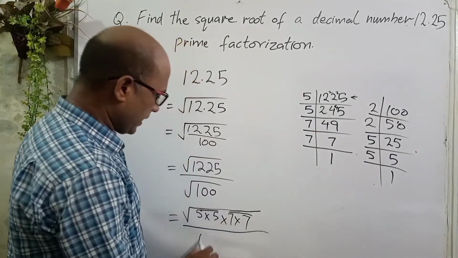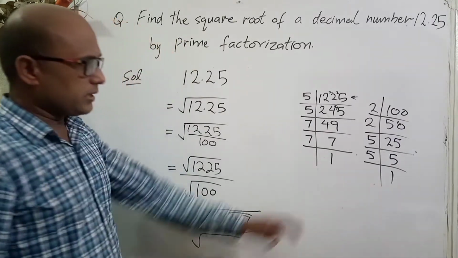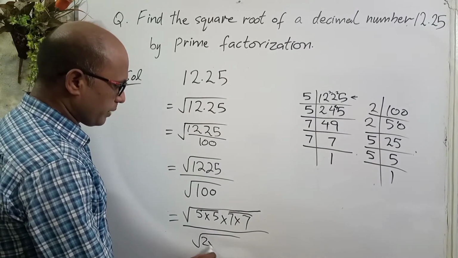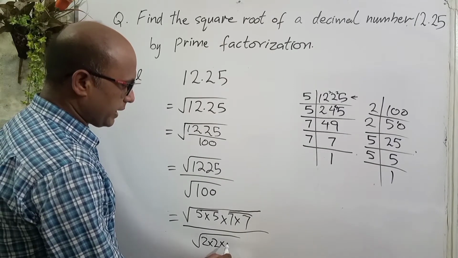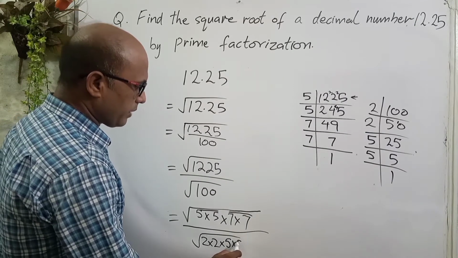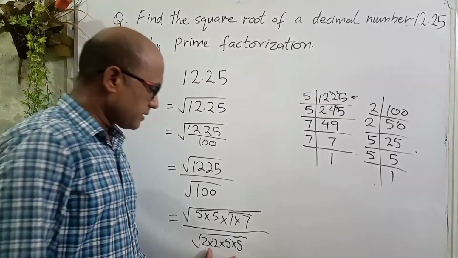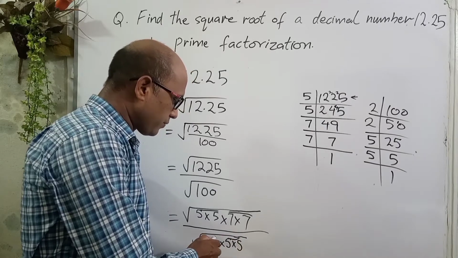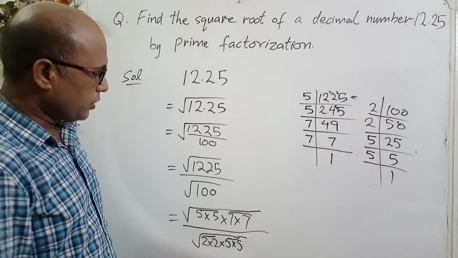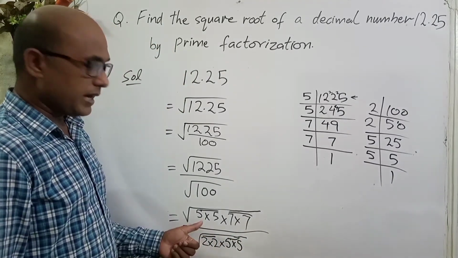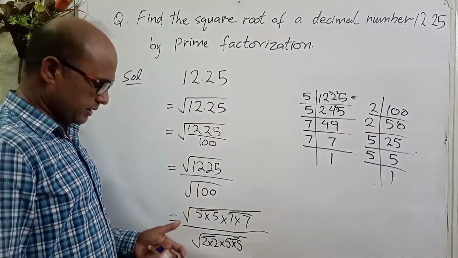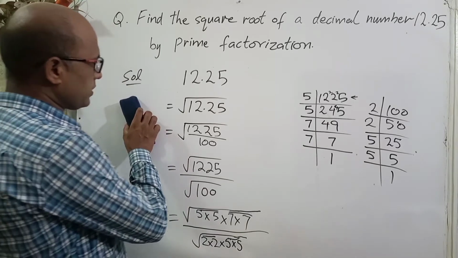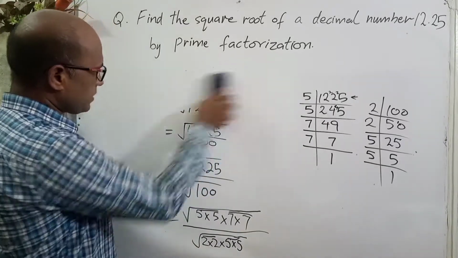So in the denominator we'll get the factors of 100, which are 2 multiplied by 2 multiplied by 5 multiplied by 5. So students, we have 4 factors, a pair of 5 and a pair of 2. So we can make the squares of these pairs. After this step, we can remove the steps.